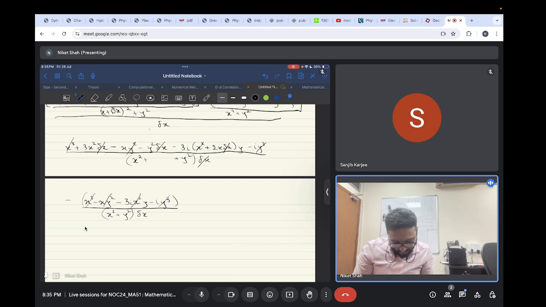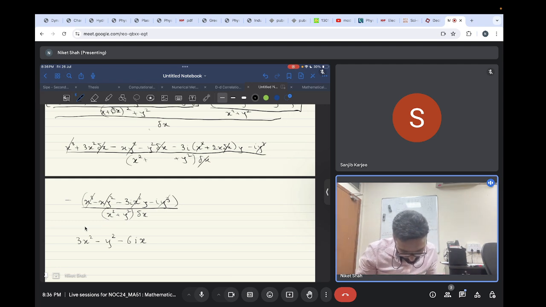And what I end up with is 3x square minus y square minus 6ix. 3x square minus y square minus 6i, 3 into 2 is 6ix, right?